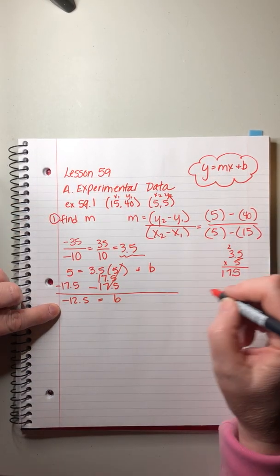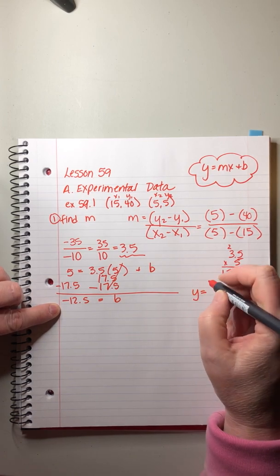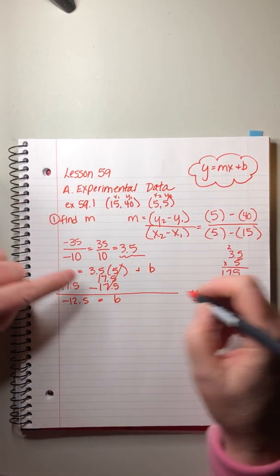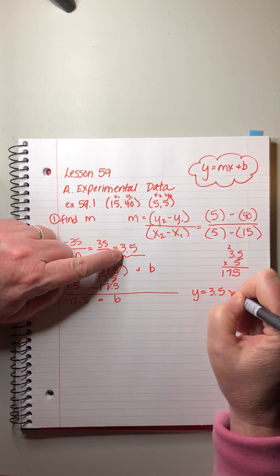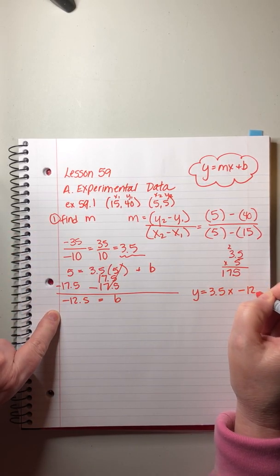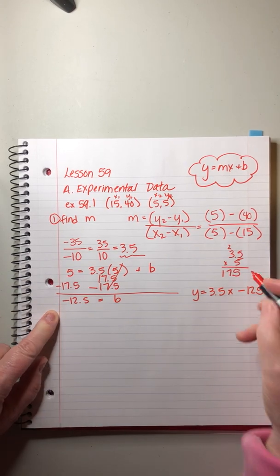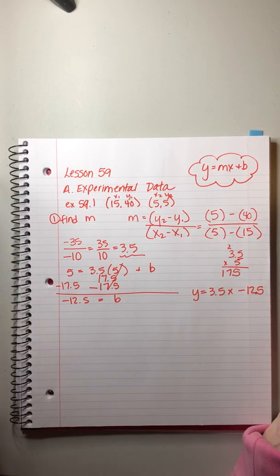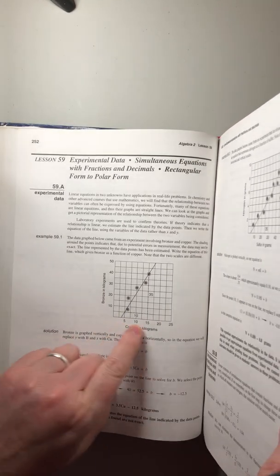We write y equals, where's my m? There's my m. 3.5x minus 12.5. That looks really good, right? But there's only one more thing we want to do that is just window dressing. Instead of calling this one x and this one y, we want to relate this line more to our experiment. So instead of writing x, we find out what this element is, copper, and we see, oh, let's use Cu as that abbreviation.